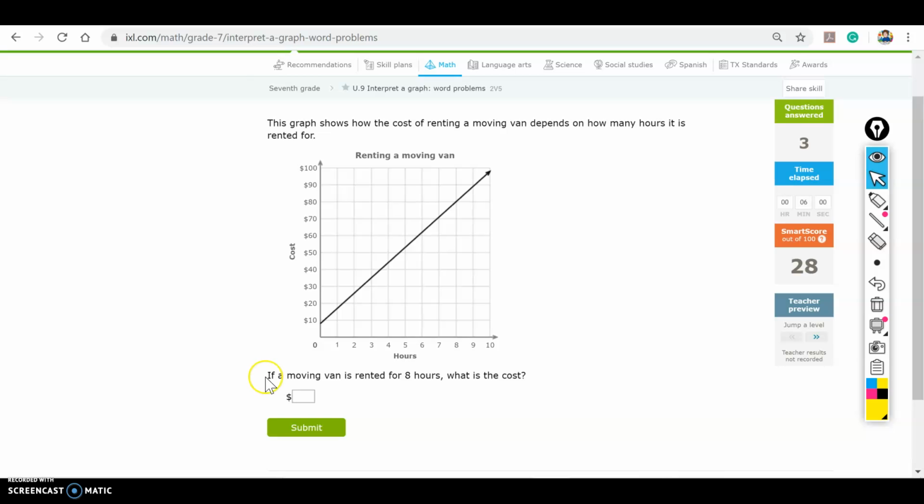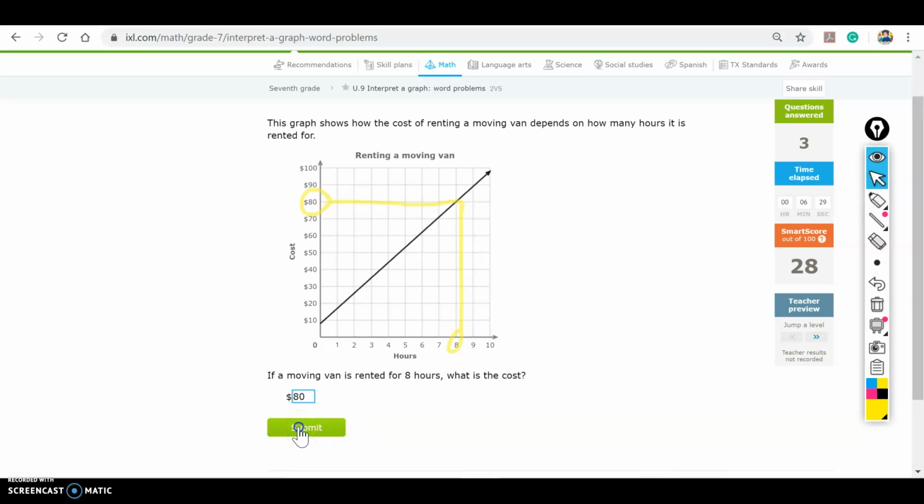So the question: if a moving van is rented for 8 hours, where do you think you can find that? Yep, on the hours, which is right here. I draw an imaginary line that intersects with the line given on the graph, and the total price would be $80. So it would be $80.